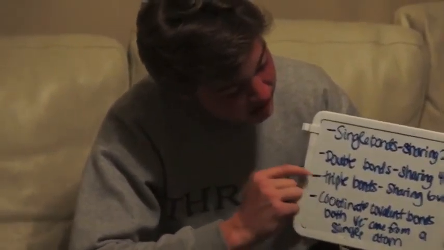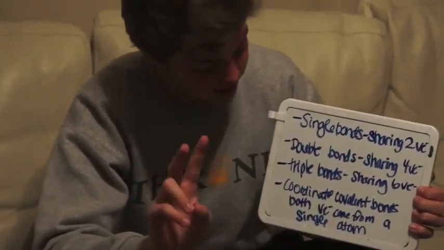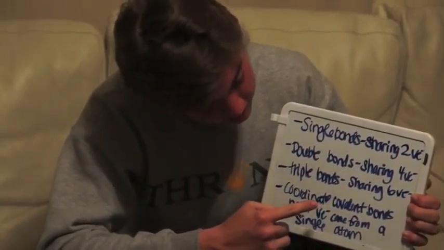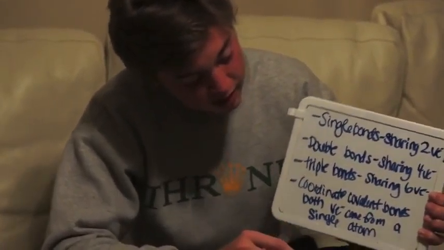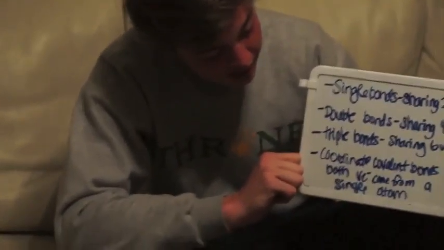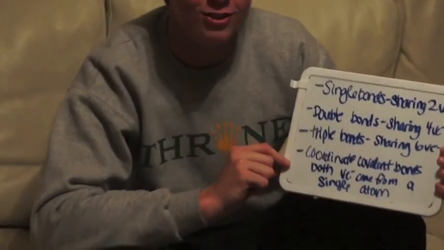The next type is a double bond, and that is sharing four valence electrons, two from each atom. The next type is the triple bond, and that's a sharing of six valence electrons altogether, three from each atom. And then there are coordinate covalent bonds, where both valence electrons come from a single atom.